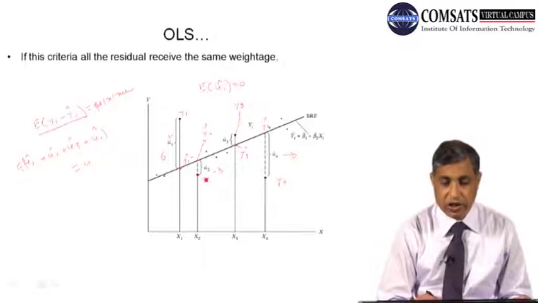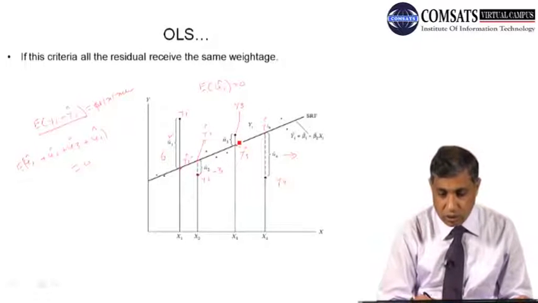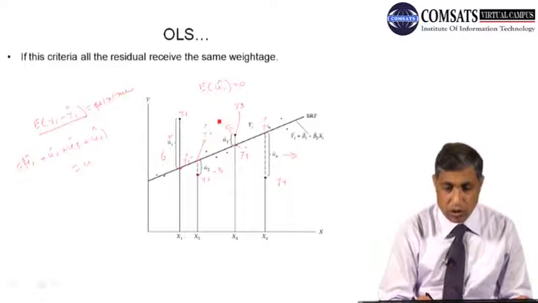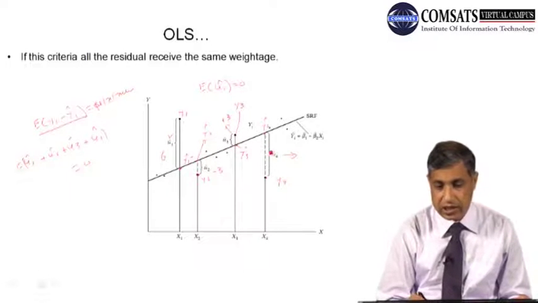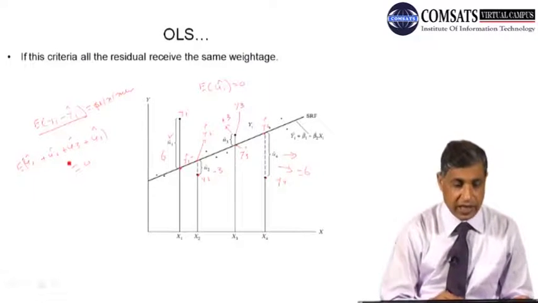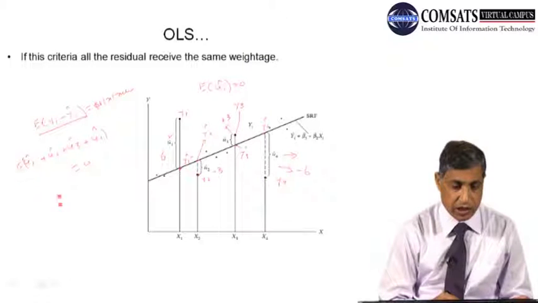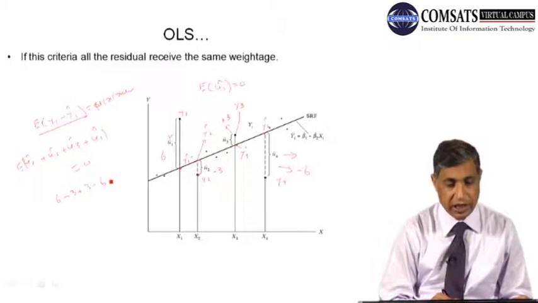Here you underestimated and here you overestimated. Again suppose u3 is equal to plus 3 and this one is equal to minus 6. If I add these up, it will be 6 minus 3 plus 3 minus 6, and it is equal to 0.